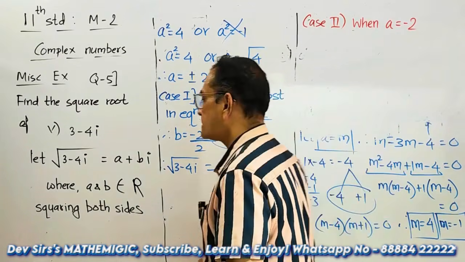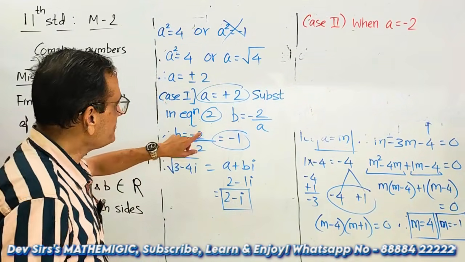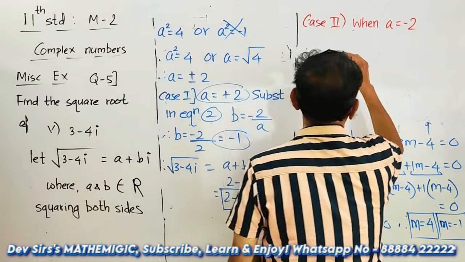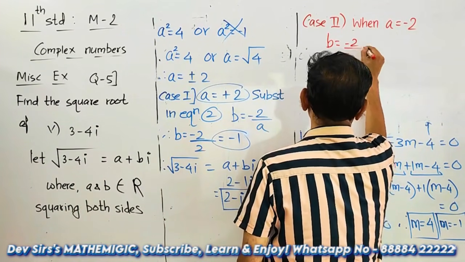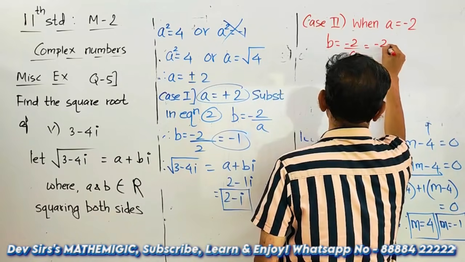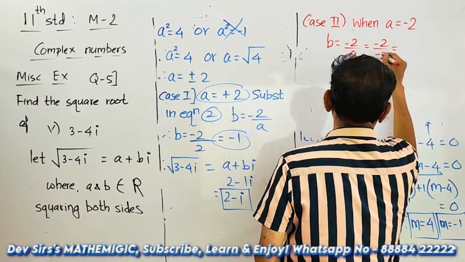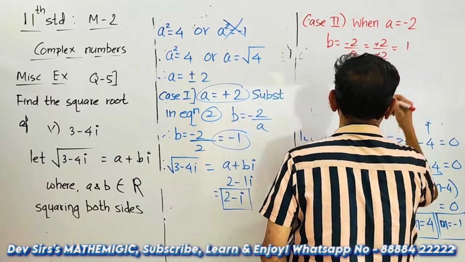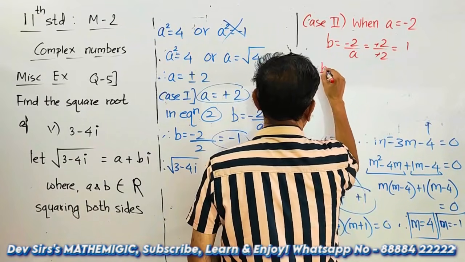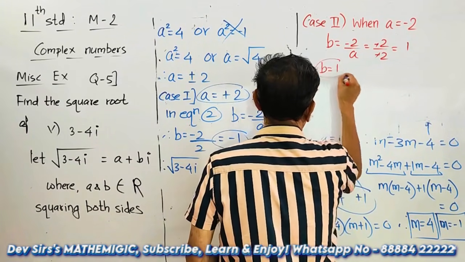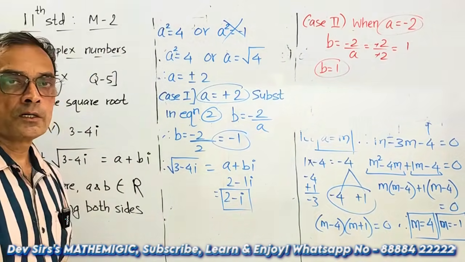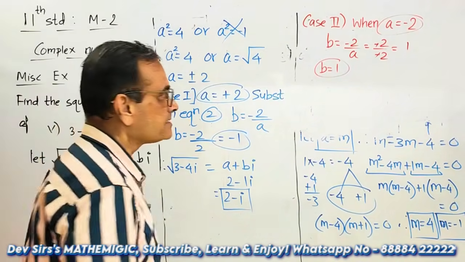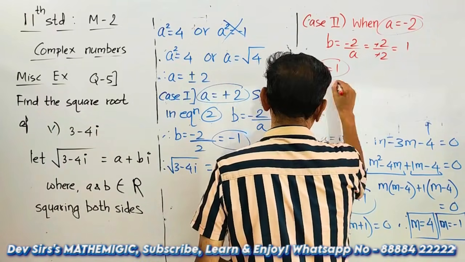When a is equal to minus 2, वापस b की इक्वेशन लिखो. Minus 2 upon a, that is minus 2 upon minus 2, minus minus gets cancelled, 1. So b equal to 1. तो ये b की वैल्यू, a की वैल्यू, right? Again, second possibility answer.